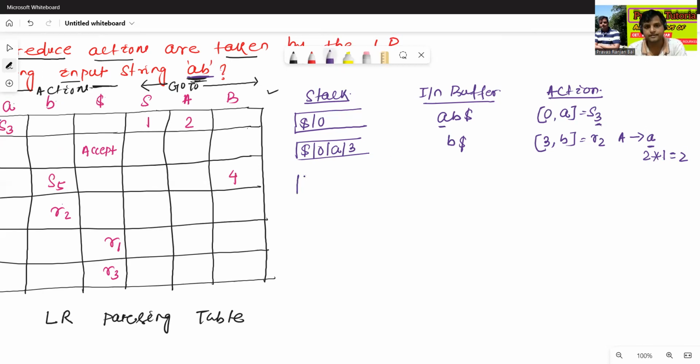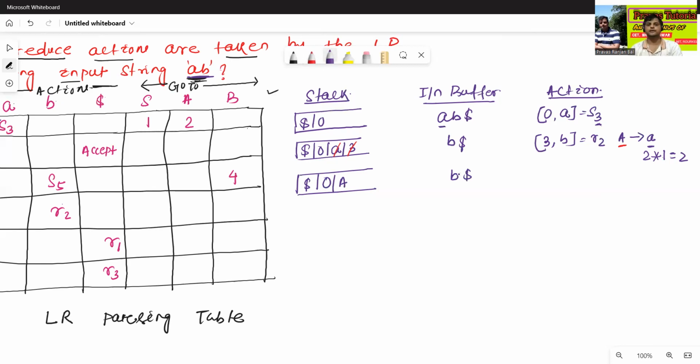So we'll remove these two elements from the stack. So this is $0. Now we'll replace these two elements, A and C, with this A. Now it is $P.